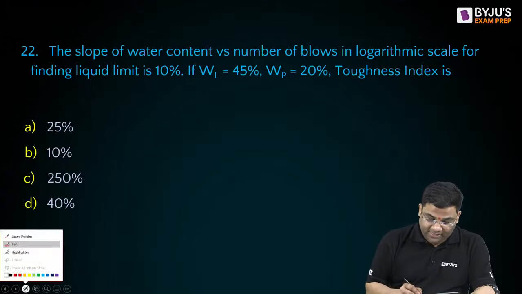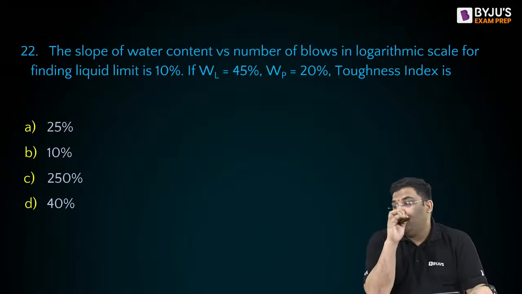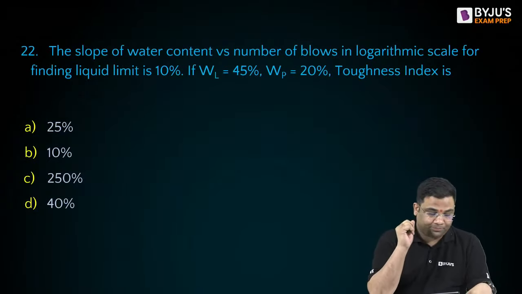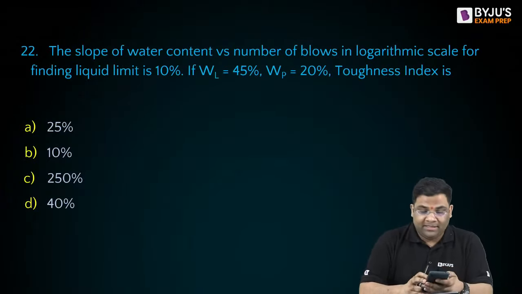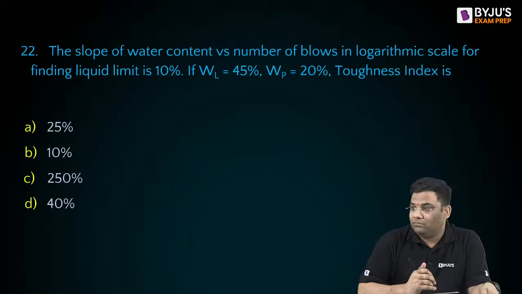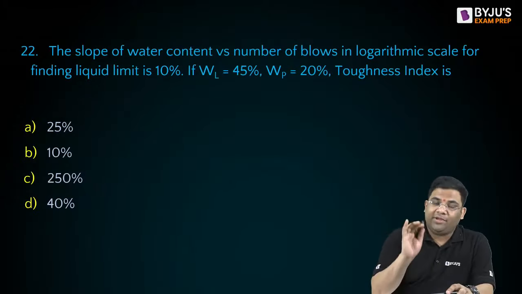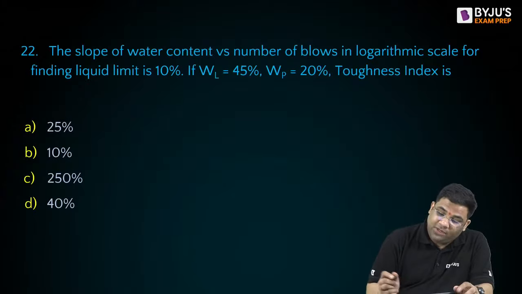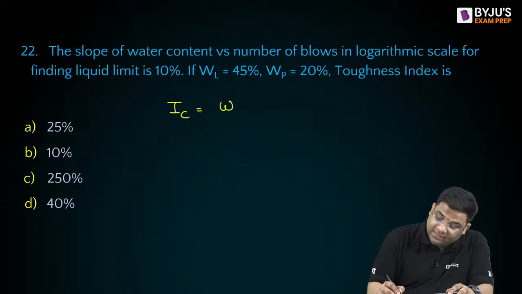Toughness index. Let us solve this question. I'll give a small tip here. Remember, the consistency index is your liquid limit minus your water content divided by IP.